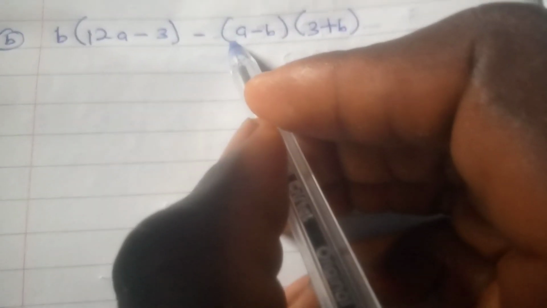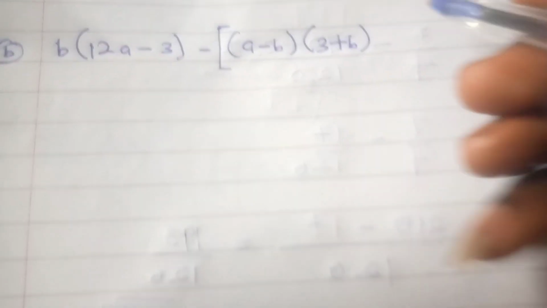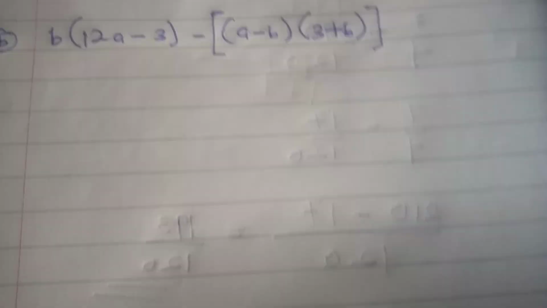Now this is the difference of two binomials. Okay, so we are going to solve this one and get our final answer. But in the meanwhile, we can expand this bracket by multiplying, which will give you 12ab minus 3b minus, let's solve the two binomials.